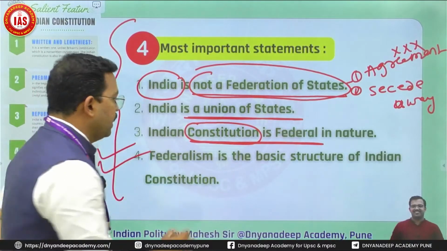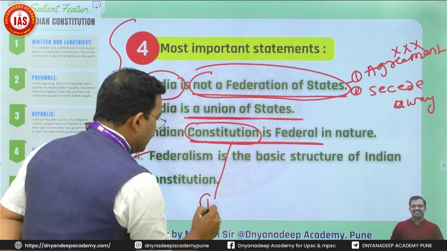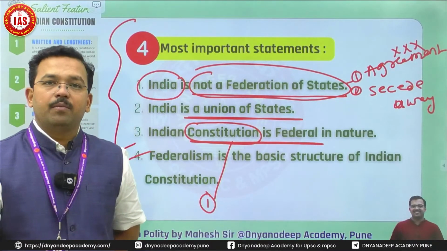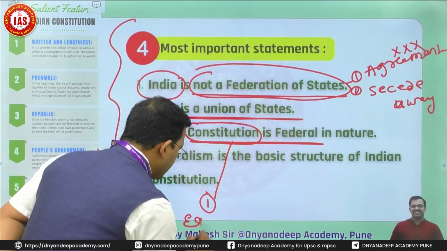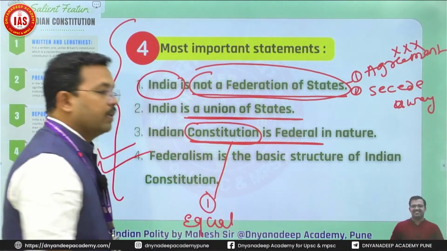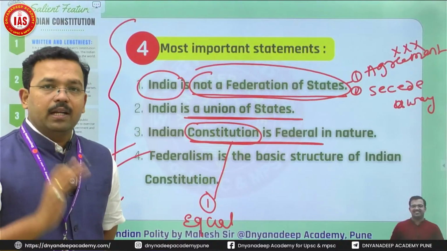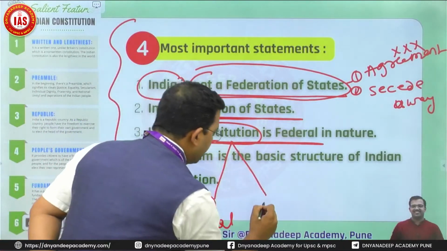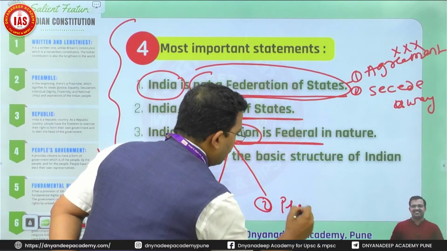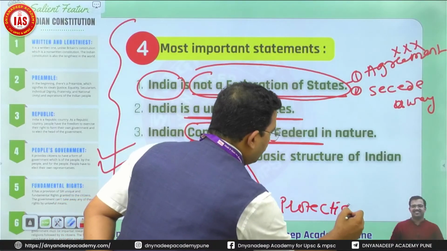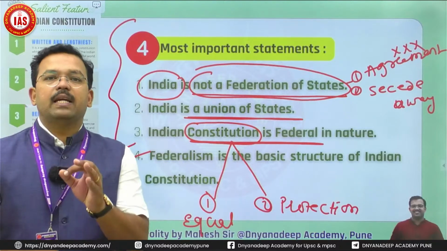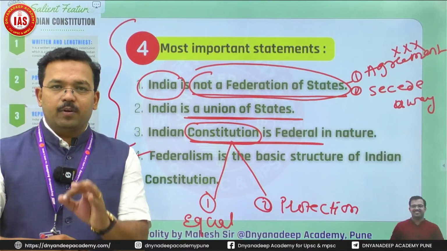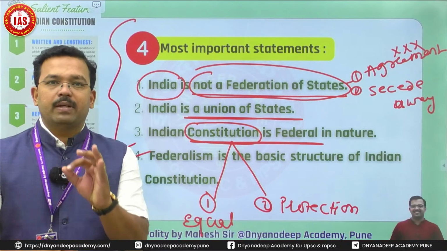That's why the Indian Constitution is federal in nature. Why is it federal in nature? First, the Indian Constitution makes an attempt to give equal power to the states at par with the center. And second, the Indian Constitution provides protection to the states from encroachment by the center.